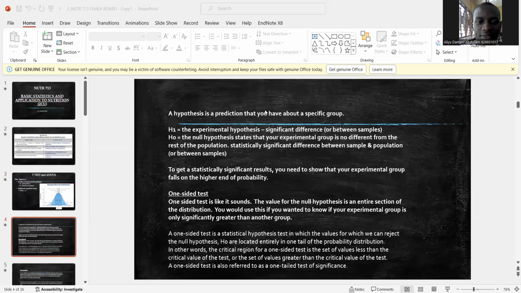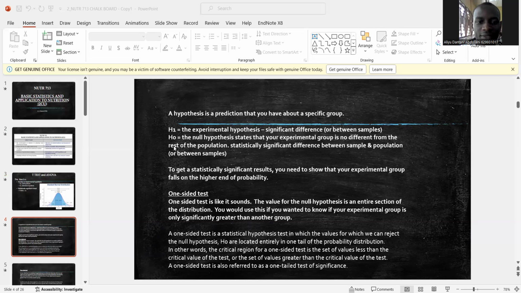So a hypothesis is a prediction that you have about a specific group. Okay, that's what a hypothesis is. A prediction you have about a specific group. So the alternative hypothesis is the experimental hypothesis. It tells you if there's a significant difference between, let's say, two groups, between samples.